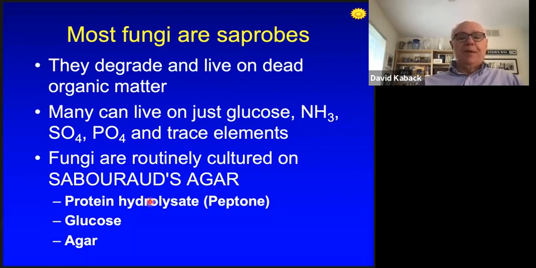This is simply a mixture of a protein hydrolysate known as peptone, as well as glucose and agar mixed together, and the fungi grow. Sabouraud's agar is a reference agar for speciating fungi. So when we culture them and look at their growth on Sabouraud's agar, we can tell what fungus it is.